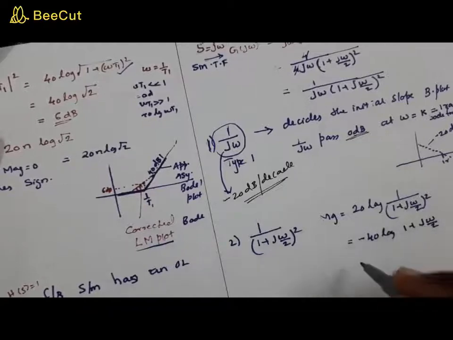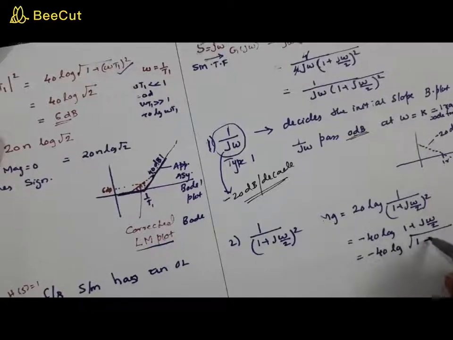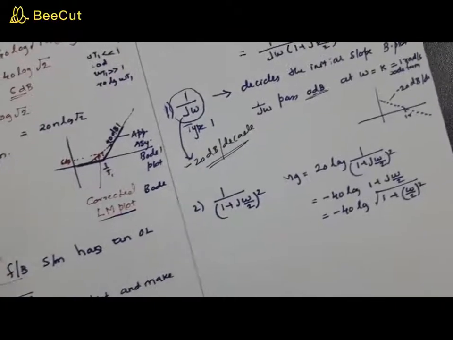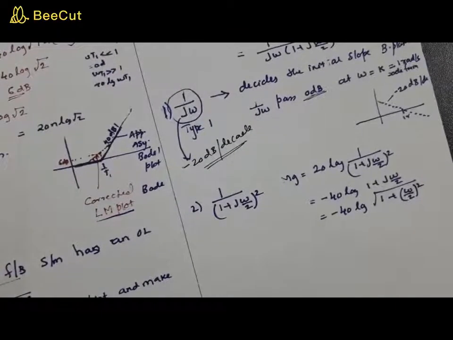Or this is equal to minus 40 log of root of 1 square plus omega by 2 the whole square. Now the question is, somewhere or other you need to find out the value of this.